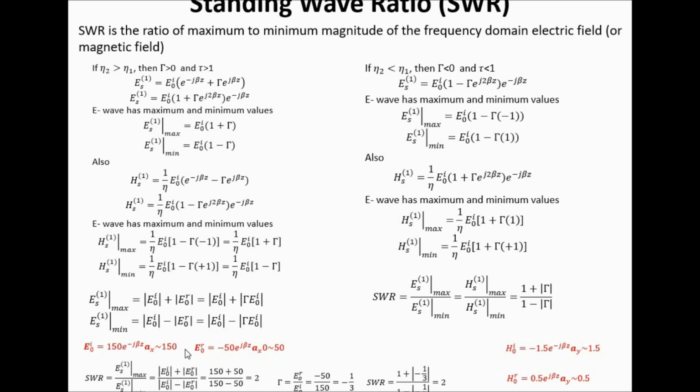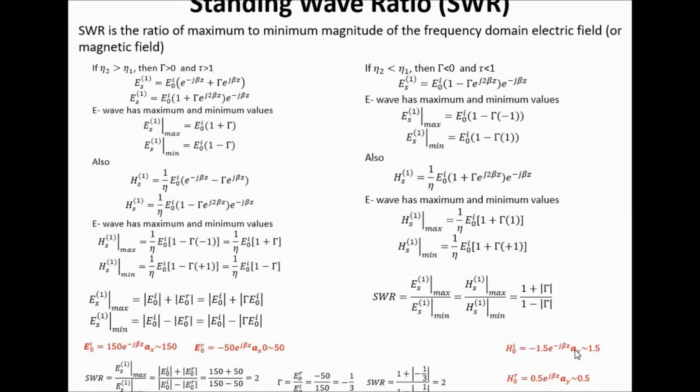So if we give both of them positive, we will have the same number, right? Because we are taking the number 150 here and the number 50 here, and 150 minus 50. But if we give you the magnetic field like this, so minus 1.5 and H0R is 0.5, how can we find it?